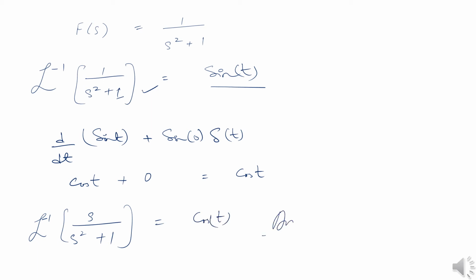So the Laplace inverse of s divided by s squared plus 1 is equal to cos of t. That's the answer. Now we will take another example. Let's say we have to find the inverse transform of s over 4s squared minus 25.